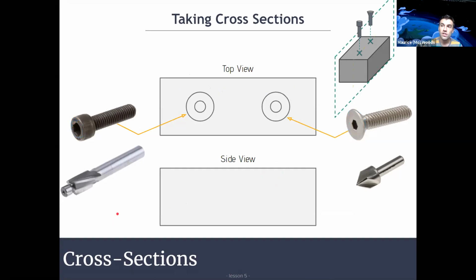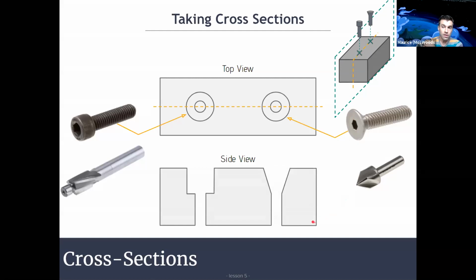And so just like somebody else was starting to draw, let me use my slide animations here. If this was the cross section plane, which cut our original block in half like this, the profile that we would end up with would look something like this. Would you agree?